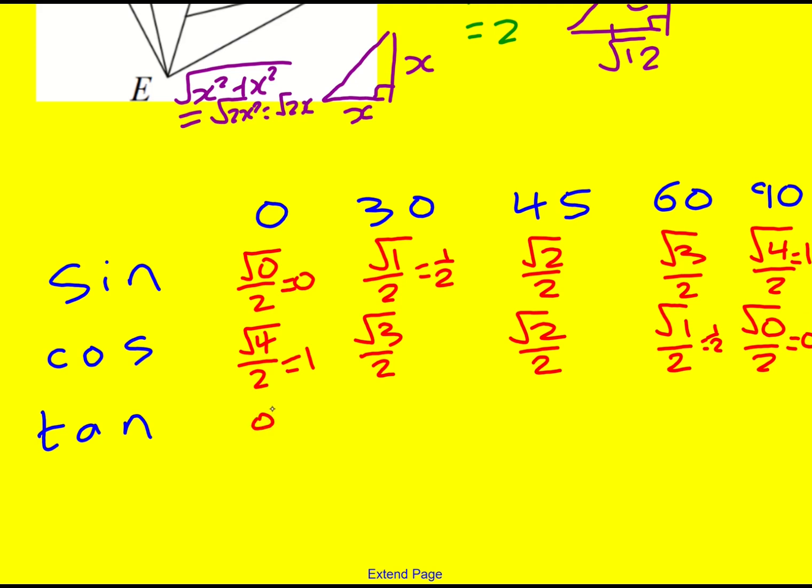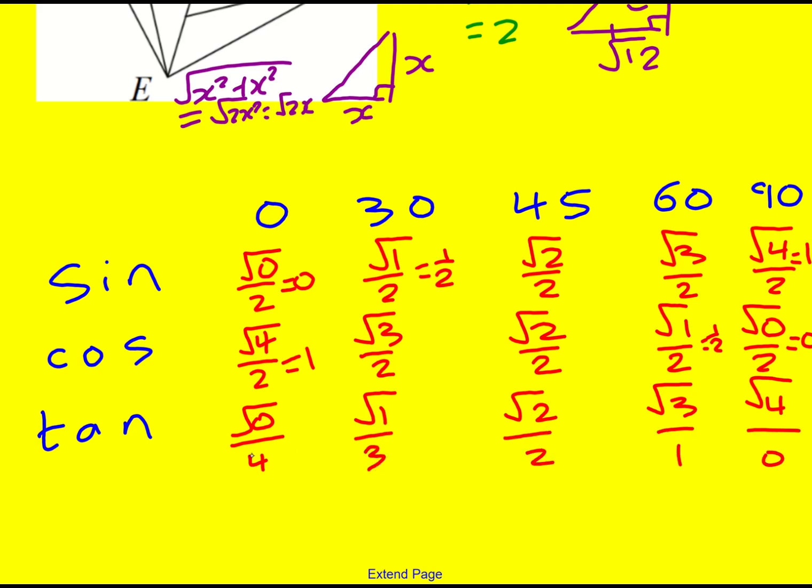For tan, it starts out with the same numerator as sine did, 0, 1, 2, 3, 4. We square root them, but now we don't divide by 2. We actually go 4, 3, 2, 1, 0, and then find the square root of these.